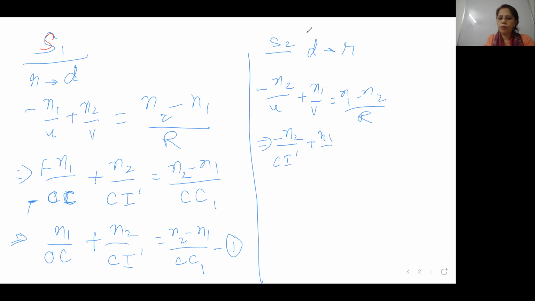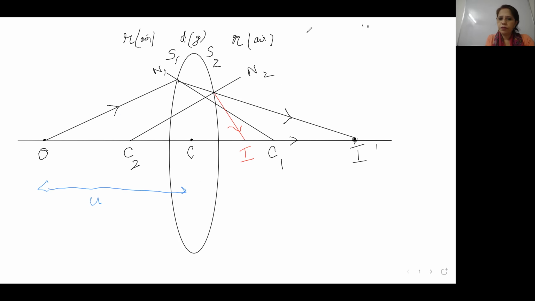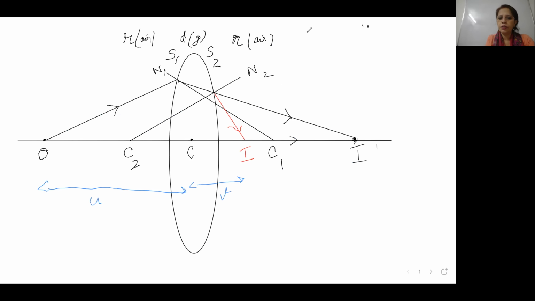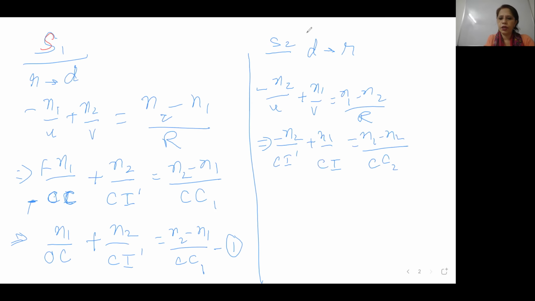Now V: the final image is CI. Equals N1 minus N2 upon R. What is R? CC2, see from the figure, CC2 for the second refraction. So we are getting this equation number 2.